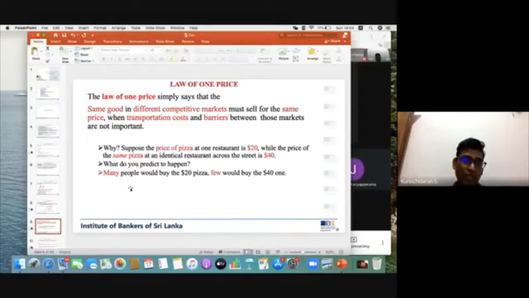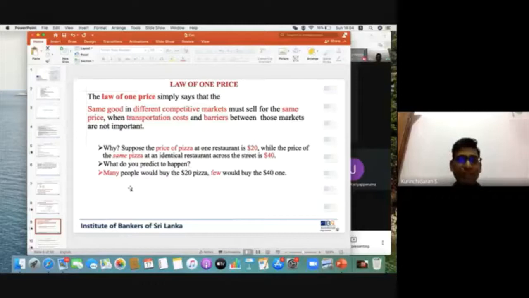One says pizza is $20 and the other says pizza is $40. Everything is the same: the environment, the pizza, the taste. So a rational consumer will definitely go to the restaurant where the pizza is sold at $20.